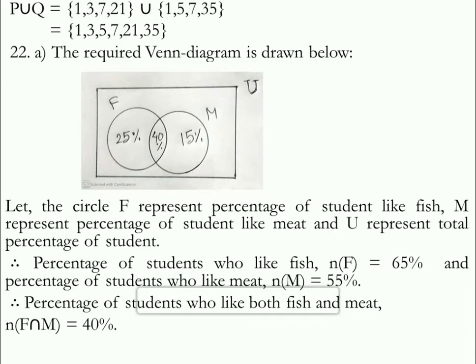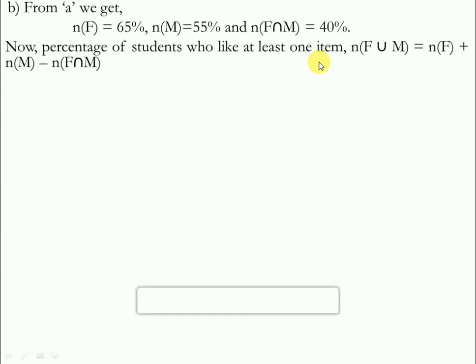Now go to the next one, number B. We have to find out the percentage of students who dislike both dishes. From A we already get that n(F) equal to 65%, n(M) equal to 55%, and n(F ∩ M) equal to 40%. Now the question is, what is the percentage of students that like at least one dish or one item?